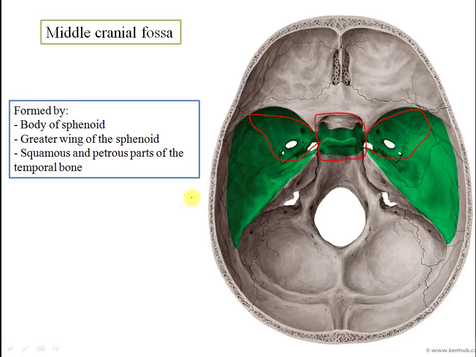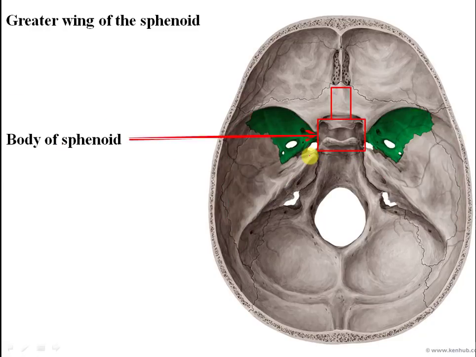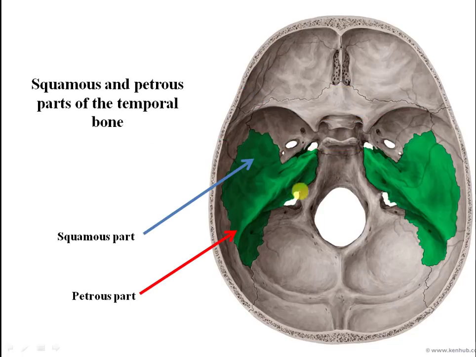Which parts? If you remember, we saw this part from the lateral aspect of the skull: the squamous part of the temporal bone, and this part is the petrous part of the temporal bone.